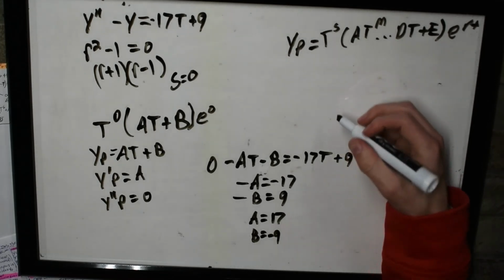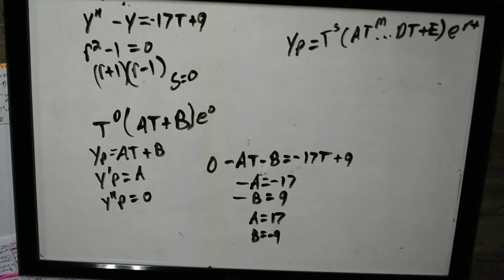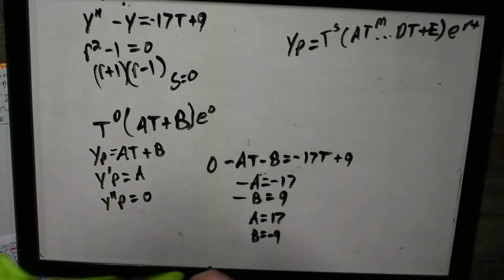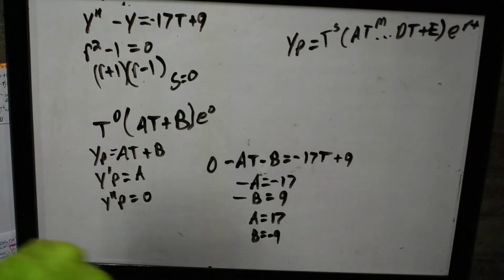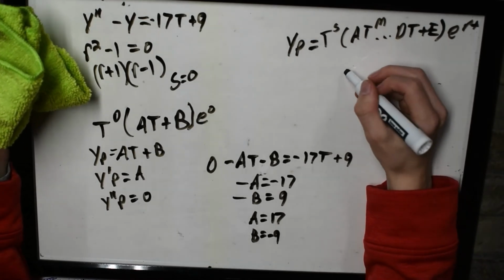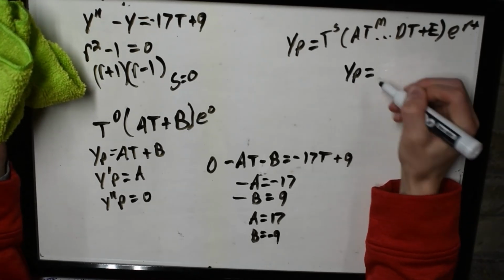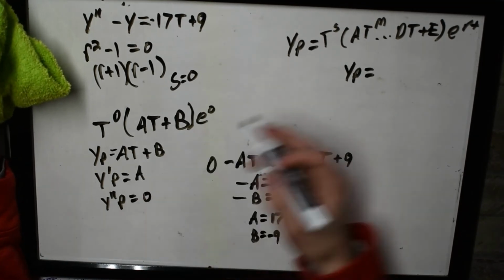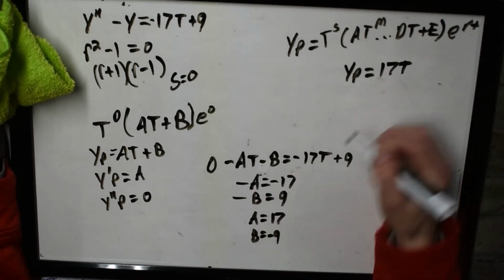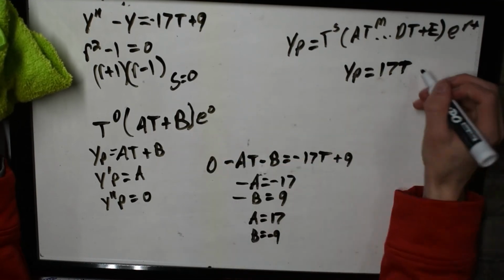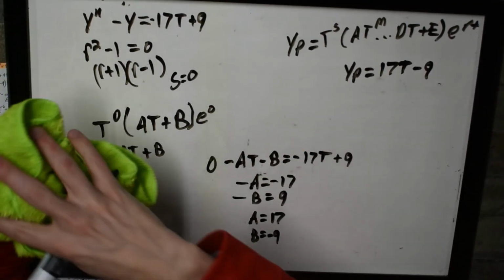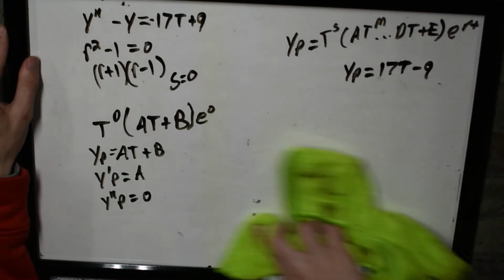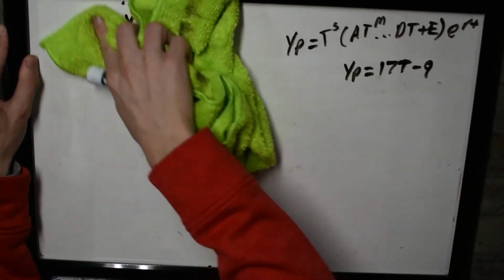So solving it, the general solution. Okay, so I'm going to keep our particular solution. I'm going to write this here. Our particular solution is going to equal a, since a is 17, 17t, plus b, well, b is negative 9. So that's our particular solution. But this question asks for a general solution.